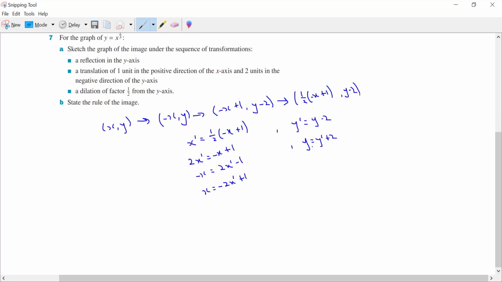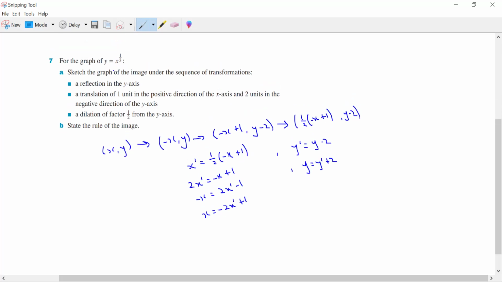Then the other side is still the same. So we've already made y the subject on the right hand side, and on the left hand side we've got x as the subject. And then we just transfer this information to our original function to find out what the new function is under the sequence of transformations.